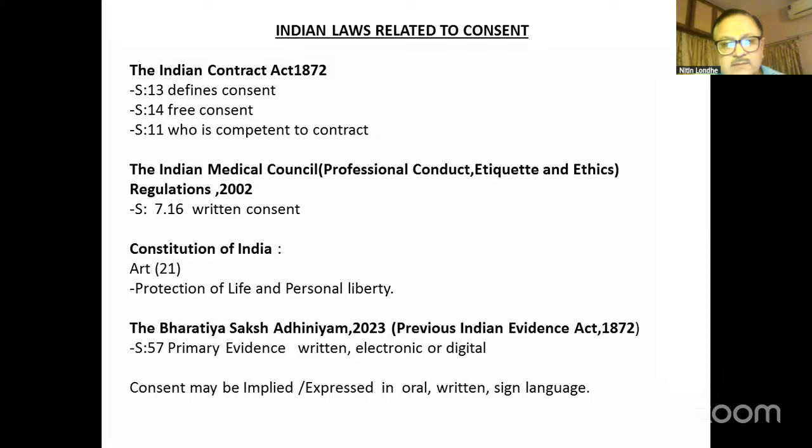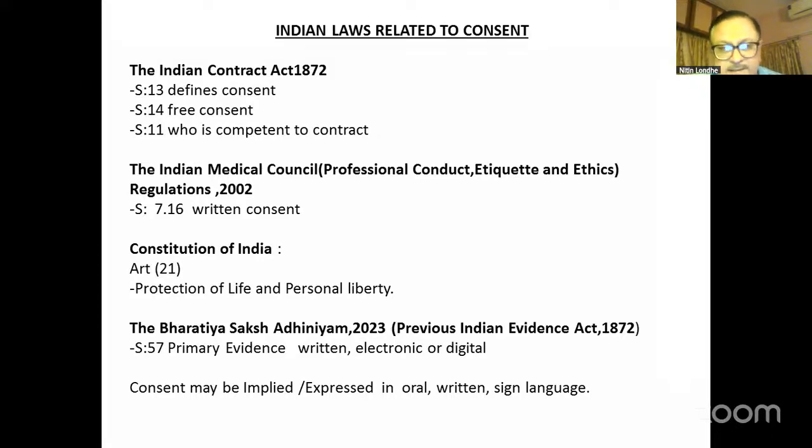The other law which has some bearing on consent is the Indian Medical Council Professional Conduct, Etiquette and Ethics Regulation of 2002, in section 7, subsection 16, which insists on written consent. Then again, the Constitution of India in Article 21, in protection of life and personal liberty, protects the personal autonomy of the patient.